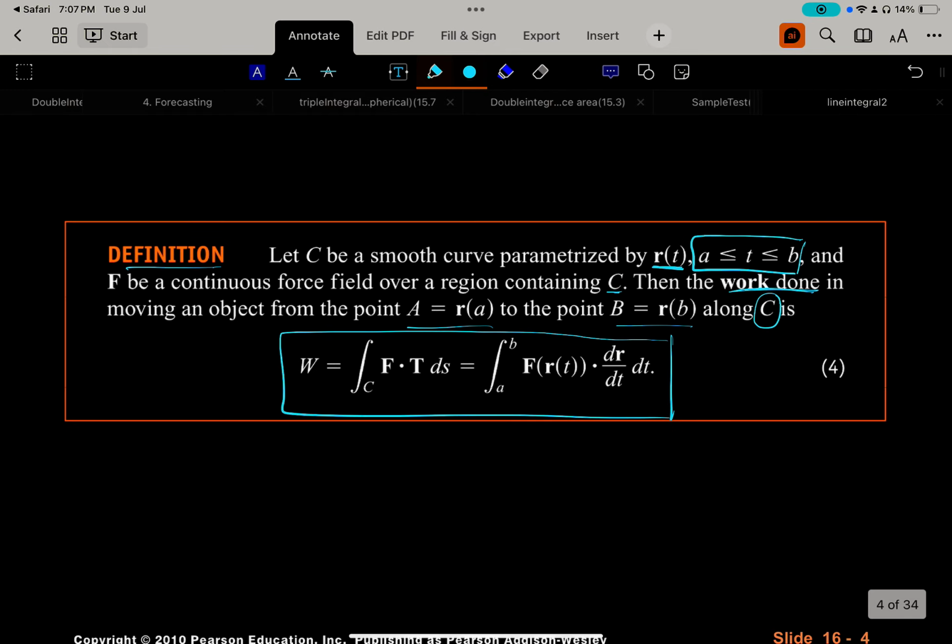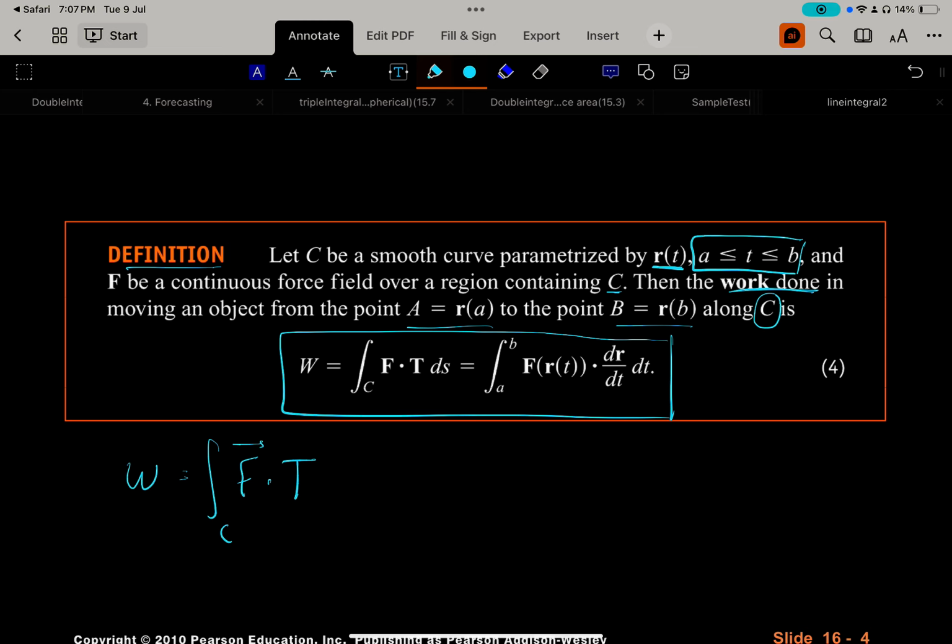And so we could say that the line integral of the work is just basically the integral over C of F dot T, and you can say T is the velocity, okay?